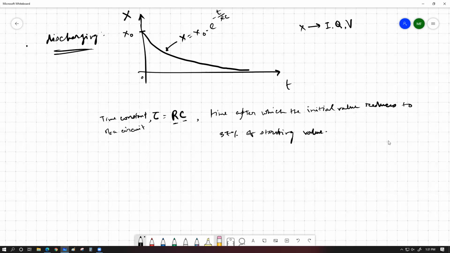So in that case, that ratio value is actually 50%. So the amount of time within which the number of undecayed nuclei of a certain radioactive isotope reduces to 50% of its starting value is defined as half-life. For a capacitor, it's not 50%, it's 37%. Now, where does this seemingly random number 37% come from?